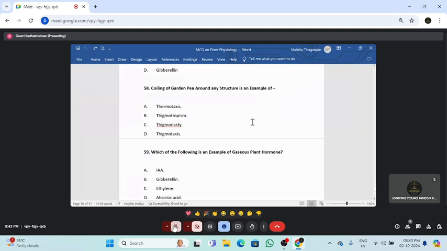Coiling of garden pea around any structure is an example of Option B. Thigmotropism.